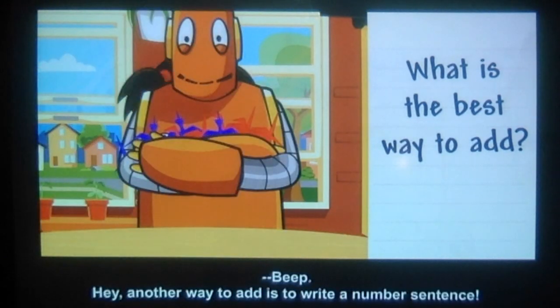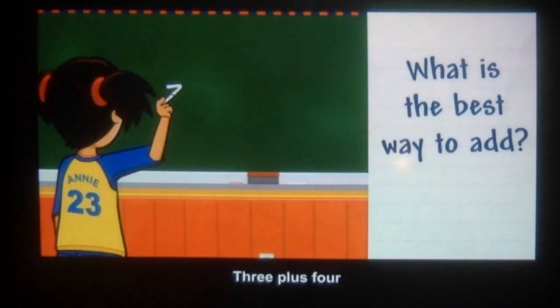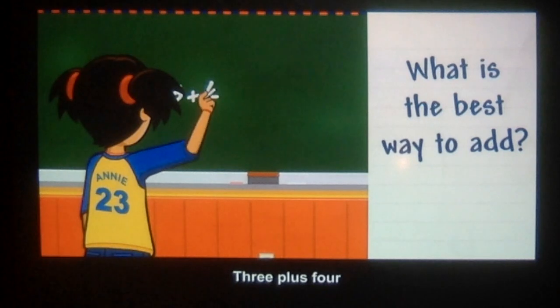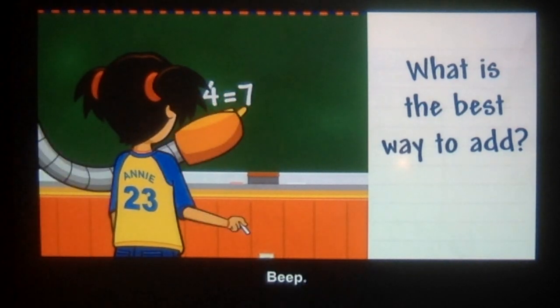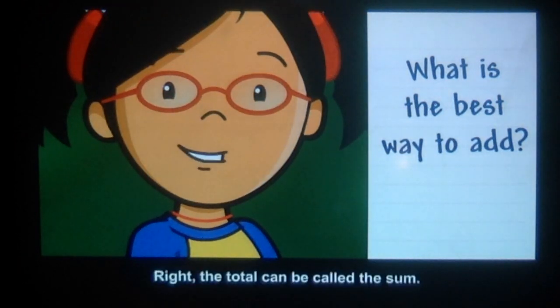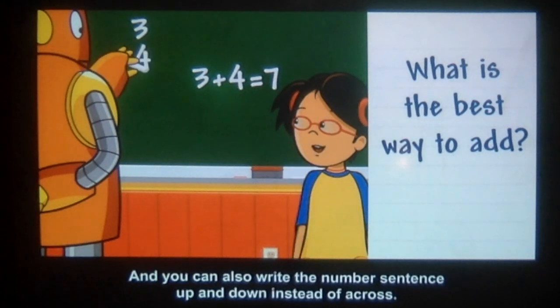Hey, another way to add is to write a number sentence. 3 plus 4 is equal to 7. Right, the total can be called the sum. And you can also write the number sentence up and down instead of across.